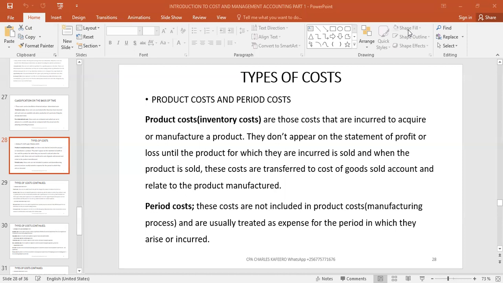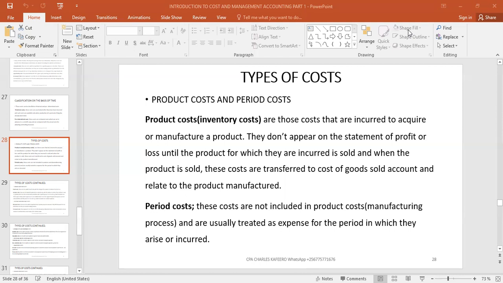But before I take you to the job cost statement or the cost statement, allow me first take you through the types of costs. I know some of these costs we saw when we were handling the cost classifications, but let me go ahead and explain them in detail. So the first category of costs is product cost and the periodic costs.